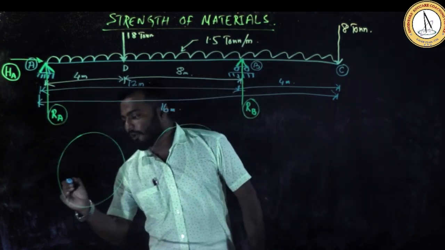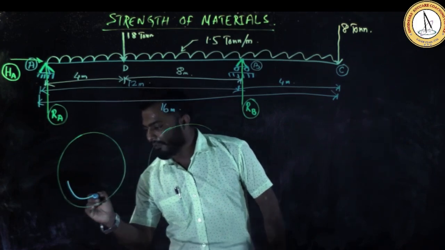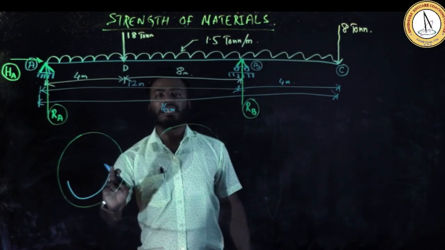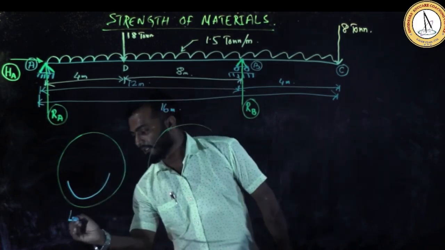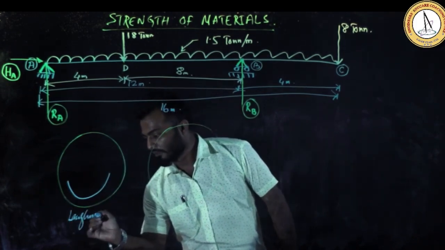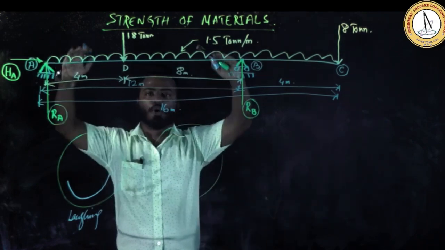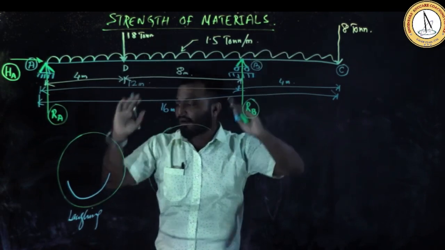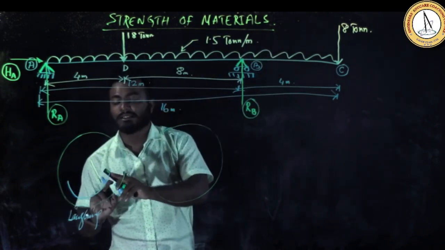Say under the action of the load, your beam is undergoing a shape which is similar to laughing. Okay? If we apply some loads on the beam, then the beam will undergo some deformation, and the final shape will be something like this.